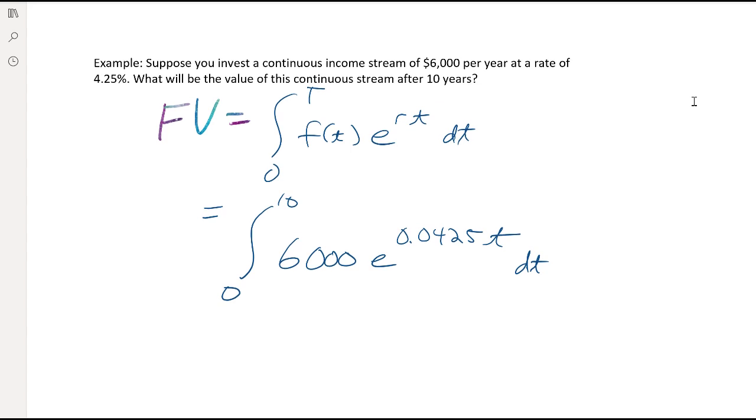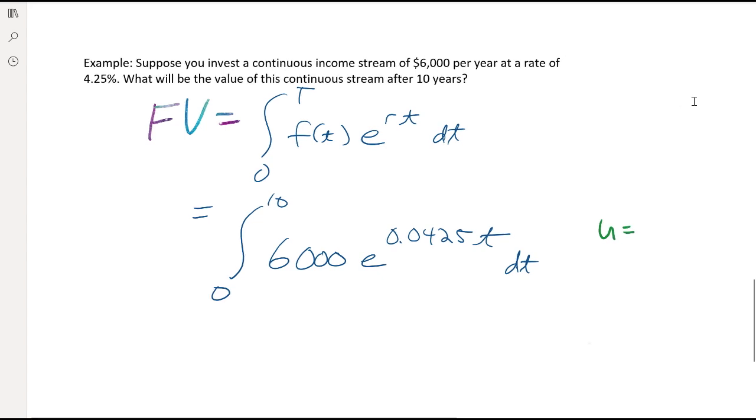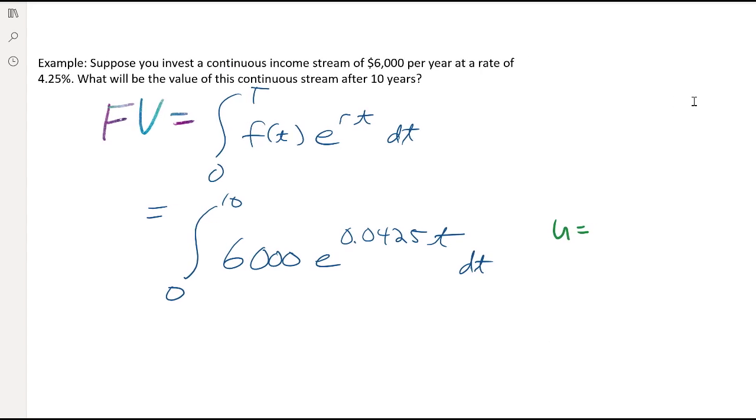And now we're going to solve this via u substitution, just like we did in the very first example here. So we're going to let u equal the power on e, the exponent on e. So u equals 0.0425t, which means du is equal to 0.0425 dt.